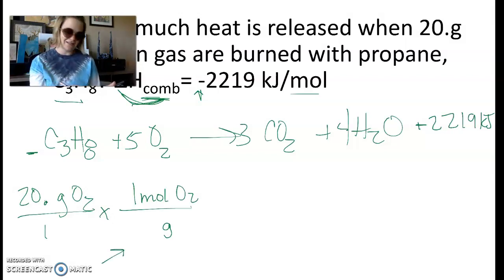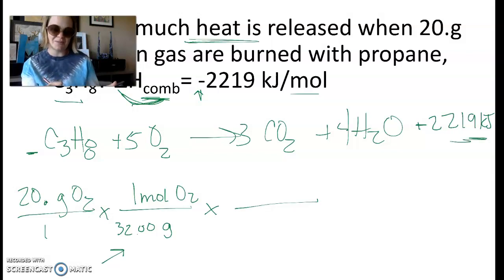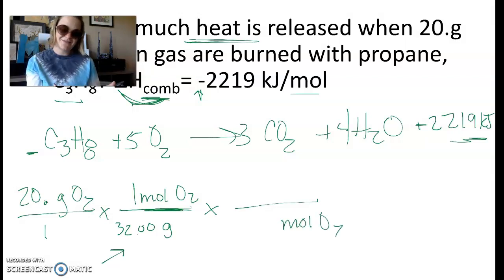So 2 O's added together is 32.00. And then I want to figure out how much heat, that's the kilojoules, how much energy is being given off. Because I have moles of O2 up top, I'm going to write moles of O2 on the bottom. And because I have my ratio of moles of O2 to energy, I can include energy in the molar ratio.